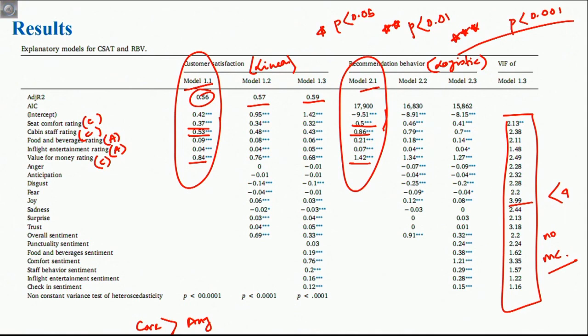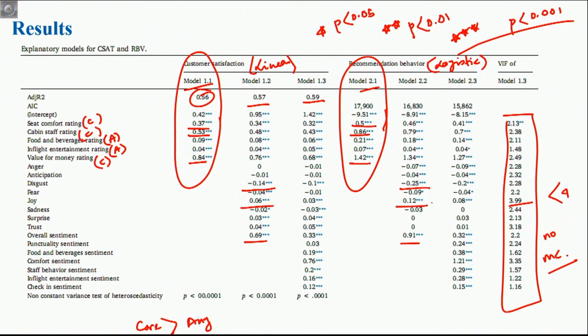But what is more important is that the overall rating explains a lot, first of all, in both cases. Other than that, in the ratings, the major contributing emotion is disgust, which is a very interesting observation, and in the case of positive reviews, joy.